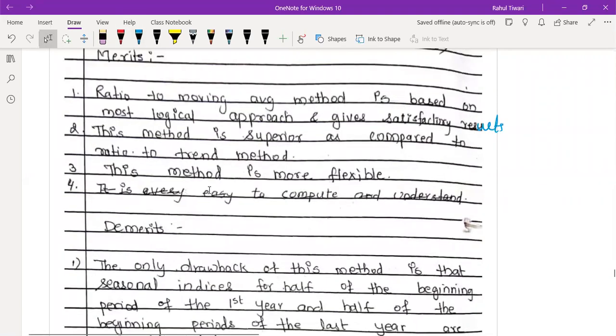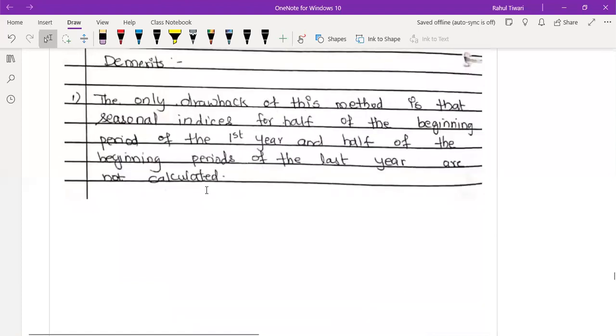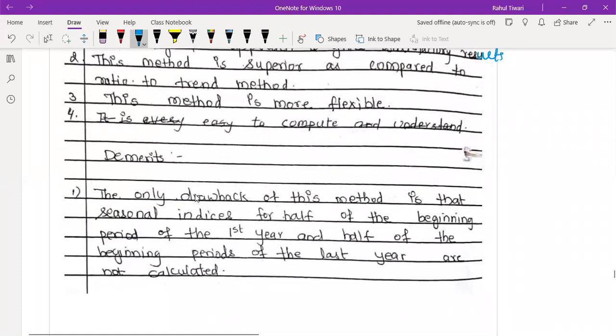Sometimes they ask you to write down the advantages and disadvantages of the method. So what is the drawback? The drawback of this method is that seasonal indices for half the beginning period of the first year and half the periods of the last year are not calculated.